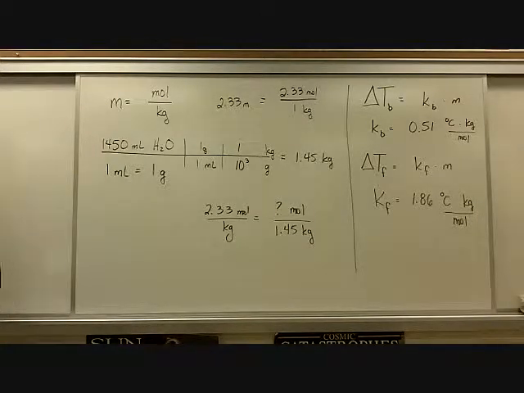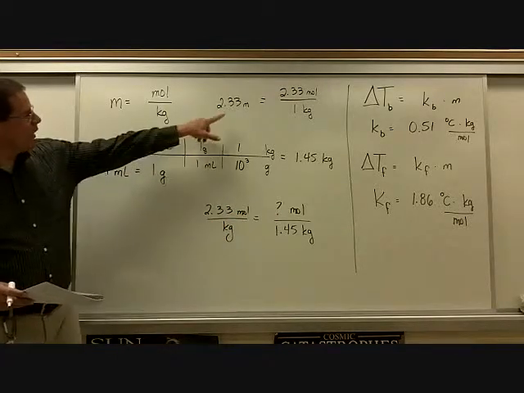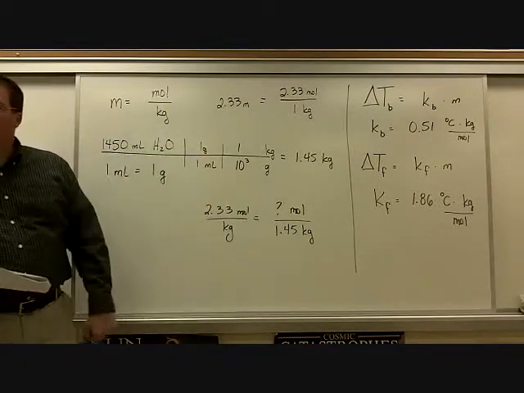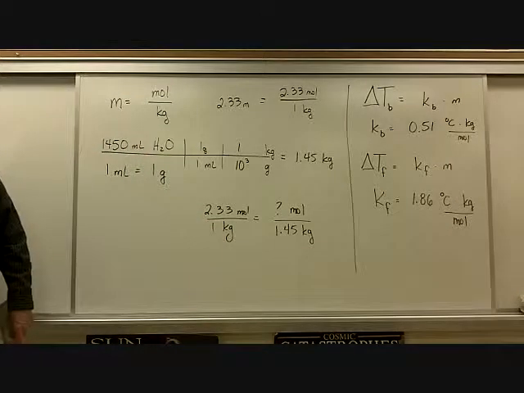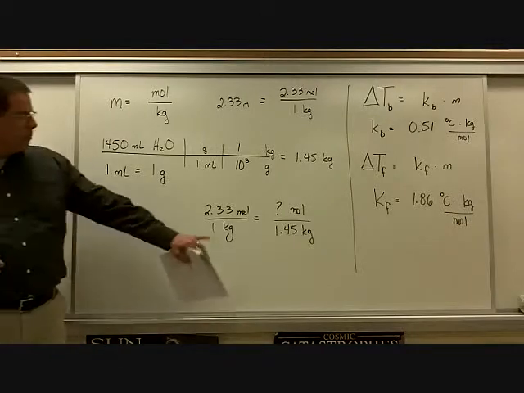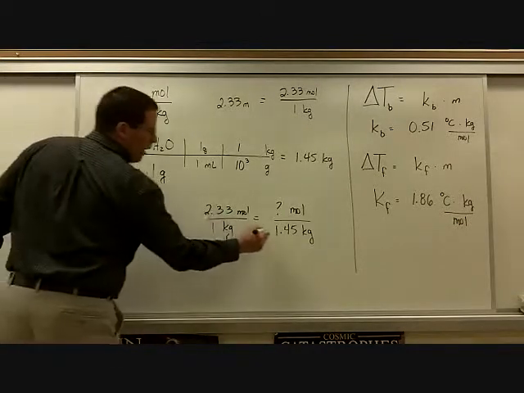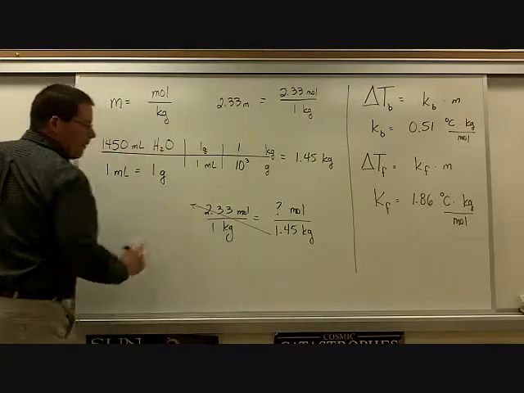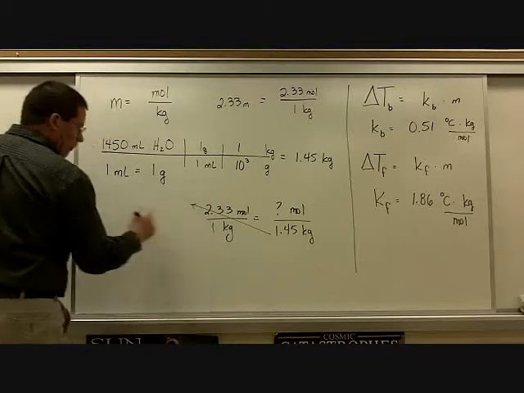We're looking for moles, right? Molality, again, is moles per kilogram, which is 2.33 moles per kilogram. If I wanted to find out how many moles, we multiply by 1.45, and that's a good idea because we want the units kilogram to cancel out.